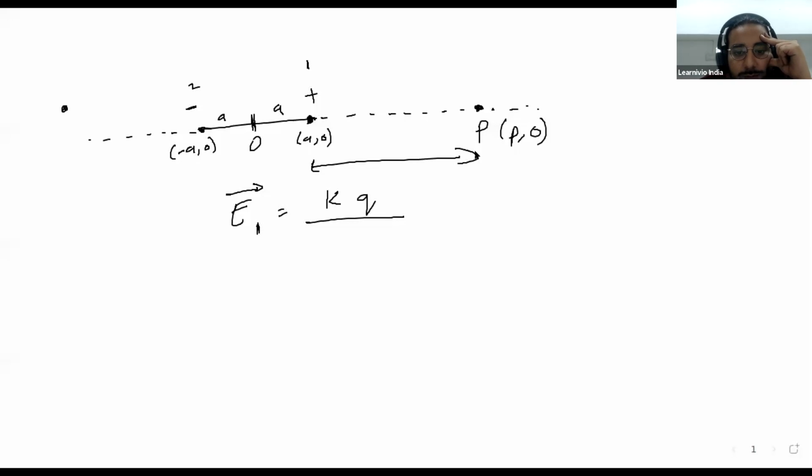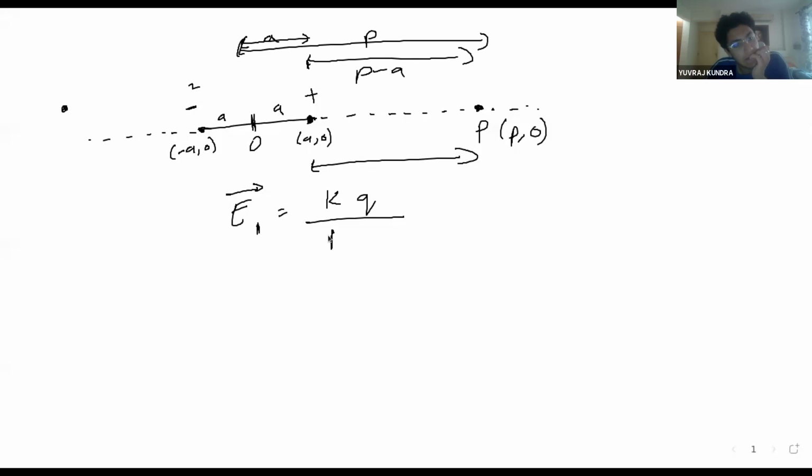But what is that distance? Well, we don't really know. But we know the distance from here to here is P, and from here to here, this is A. So the distance from here to here is just P minus A, correct? Yes, sir. So this is just P minus A whole squared, correct?